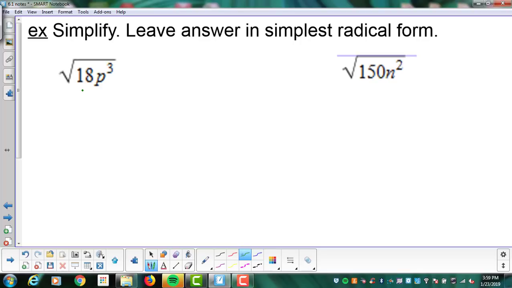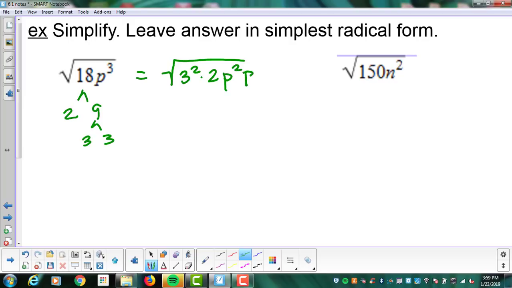Okay, so 18 is not a perfect square, so I'm going to have to do some simplifying. And p to the 3rd is not a perfect square either, so I'm going to rewrite this as 3 squared times 2, and I'm going to separate the p to be p squared times p, because those two things multiply together to be p to the 3rd.